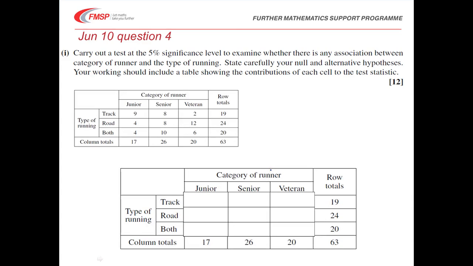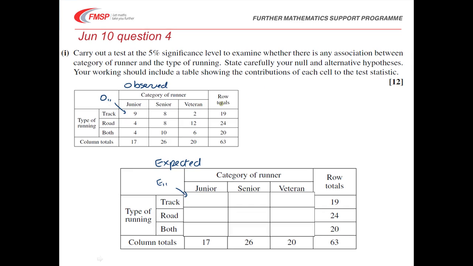Okay, so to do this, what we need to do is we need to work out what's called expected data. So here we have the idea of observed data. That's what we see. And here we're going to work out expected data. Okay, now each cell, I'm going to label this one, has a name. This cell is E11 and this cell here is O11.